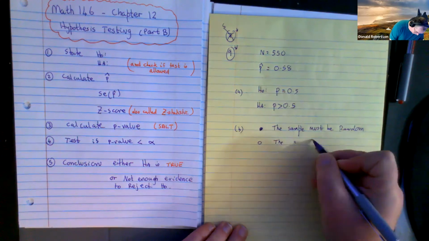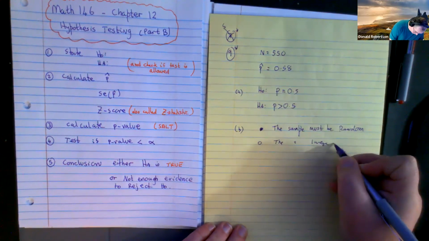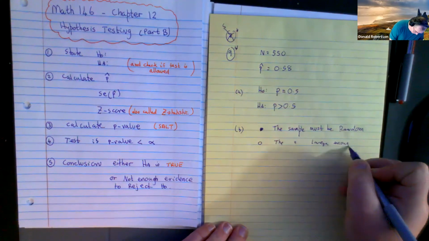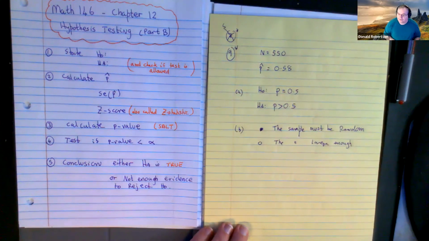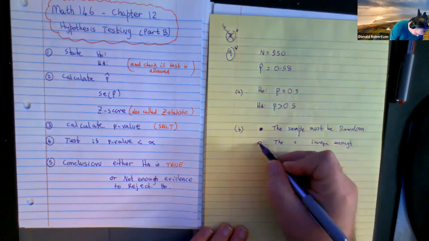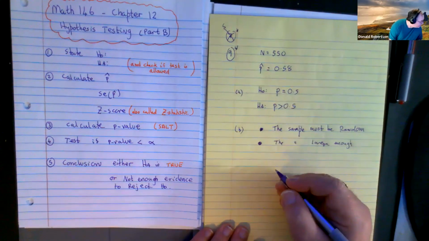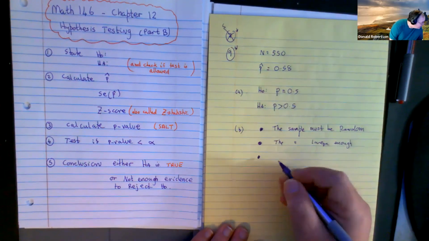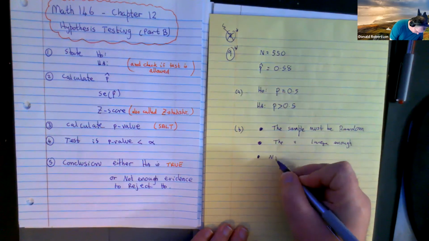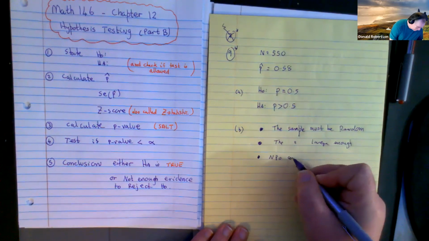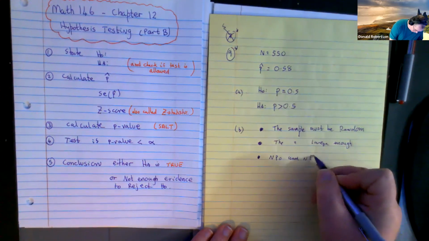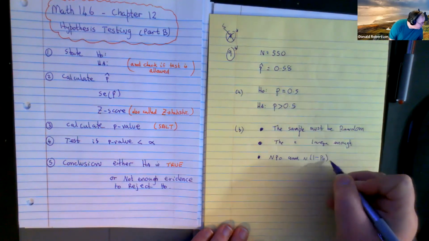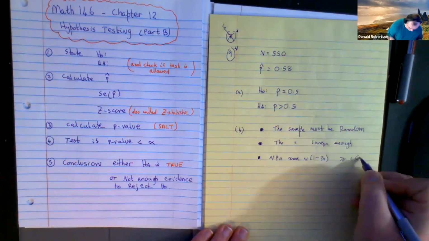The sample should be large enough. Isn't that true about almost everything that we do in statistics? So you pick that one. And then they have another one, written like this: n p naught and n times 1 minus p naught must be greater than or equal to 10.